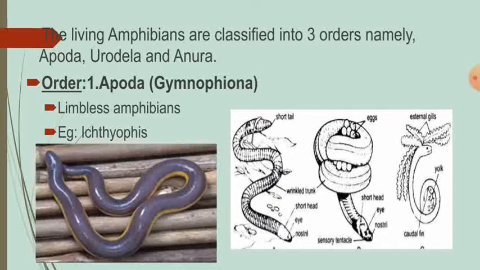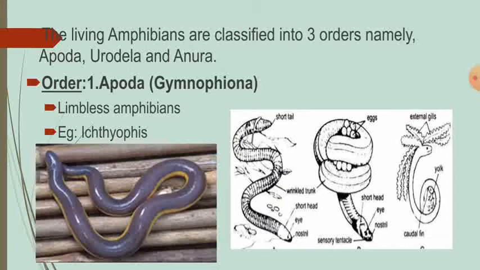You can see on the trunk region the presence of ring-like grooves. Grooves are nothing but folded skin. As I said, the body is divisible into head and trunk, so the tail is absent. The skin may contain minute dermal scales which are embedded in the skin. And eyes are very small without eyelids.